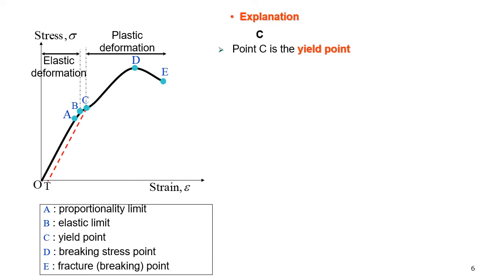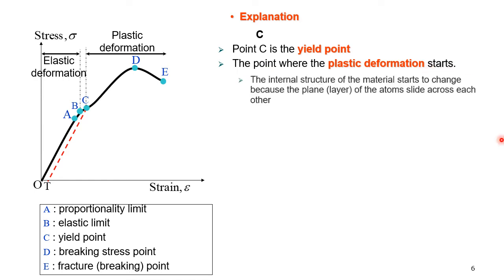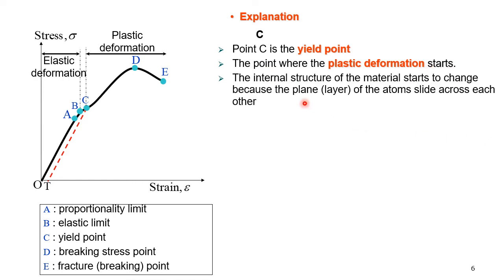And then C. Point C is here. Point C is the yield point. It is the point where the plastic deformation starts. The internal structure of the material starts to change because the planes or layers of the atoms slide across each other.